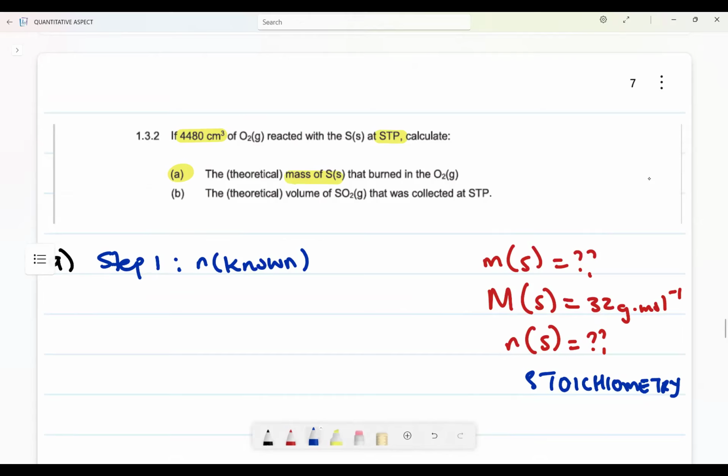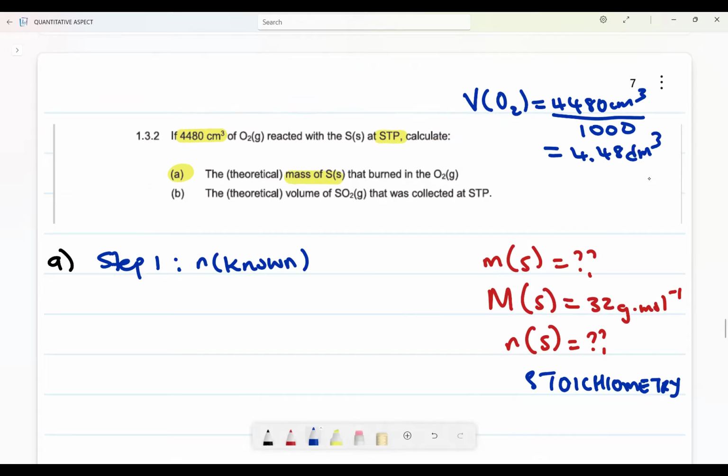Can you see that I have, and remember at STP that molar volume, it is equal to 22.4. I have the volume of O2. Let's look at the known, which is O2. I have the volume of the known, which is equal to 4480 centimeter cubed, that I need to divide by 1000 so that I get 4.48 decimeter cubed.